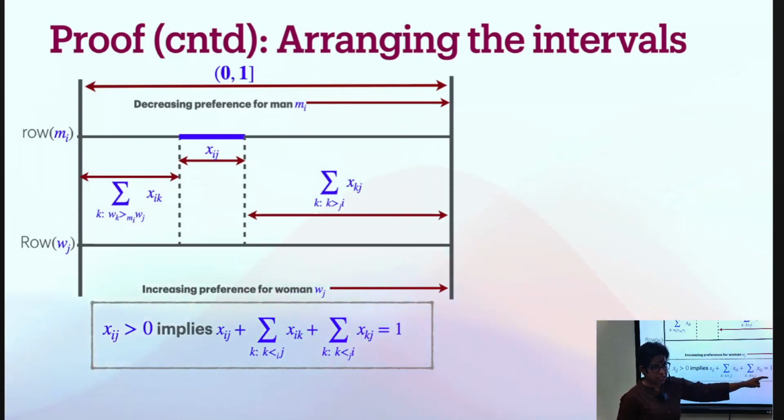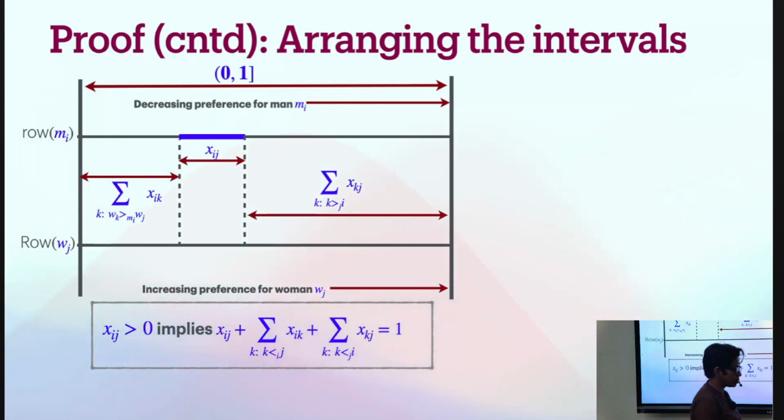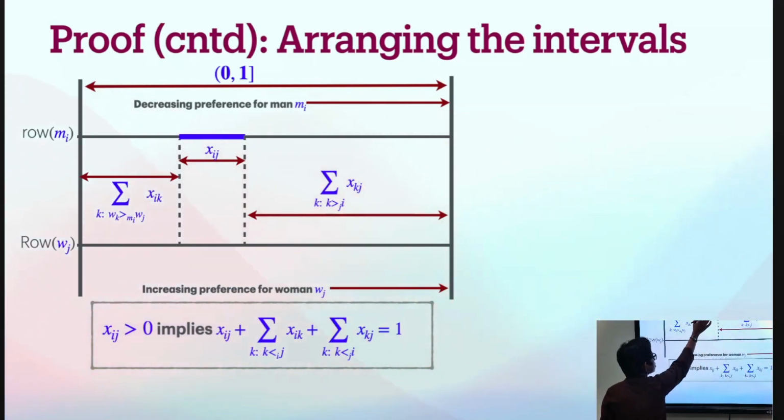Because of this quantity, I should annotate. Because we are saying that if xij is non-zero, so this is not a single point, there is some length associated with this, this quantity is equal to 1. What is this quantity? This quantity says xij plus all those women that i likes less than j. So, who are those?